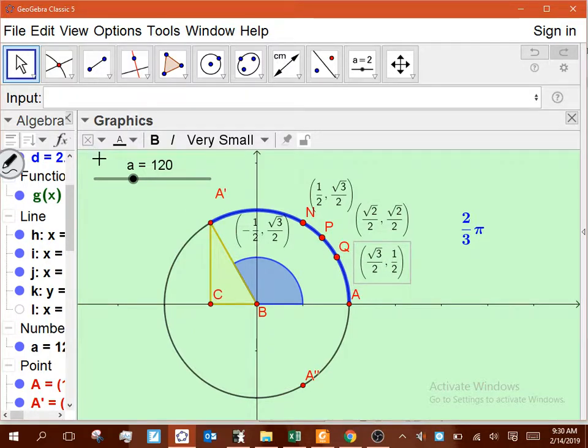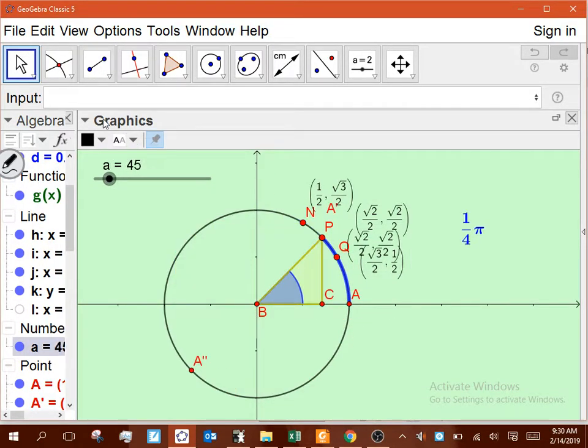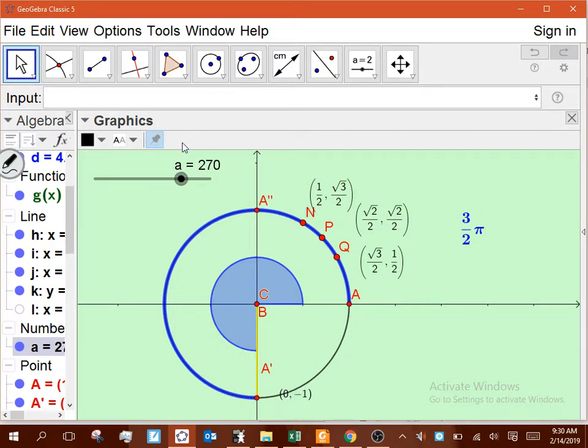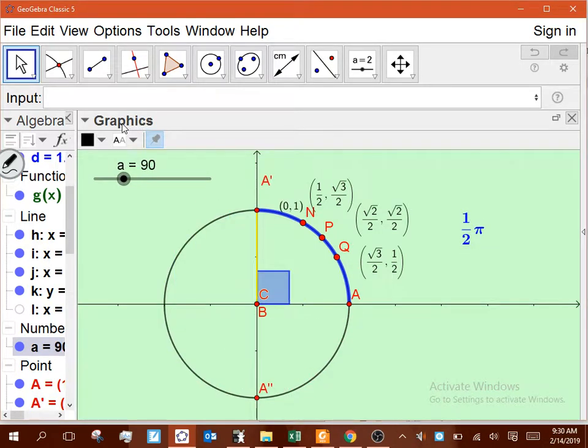All right, so those 3 triangles, that one there, that one there, that one there, produce us enough information to find all these other angles in our unit circle. Is that okay with everyone?